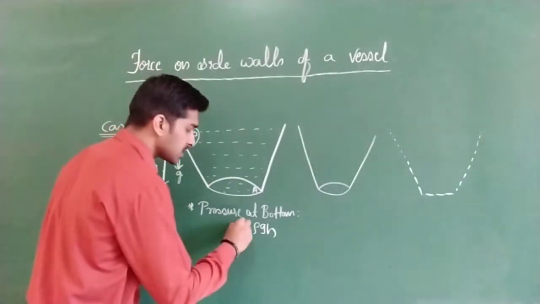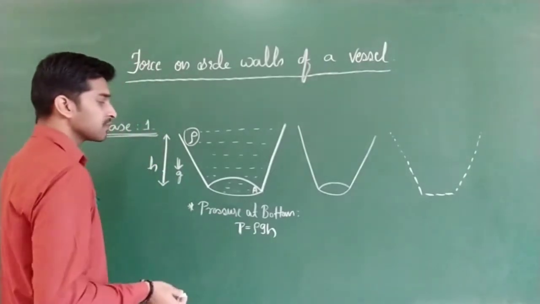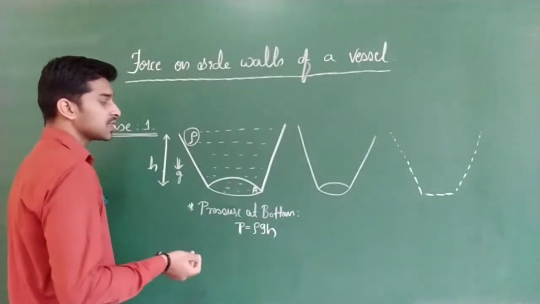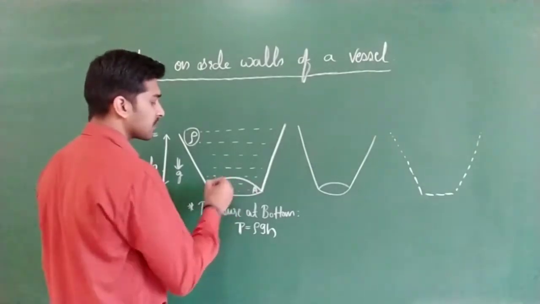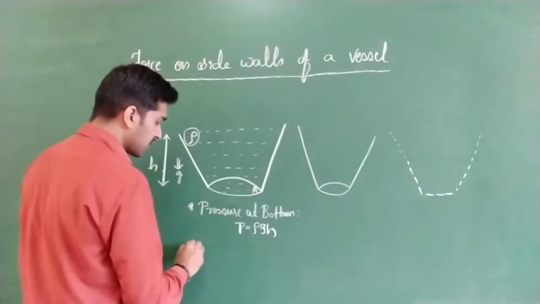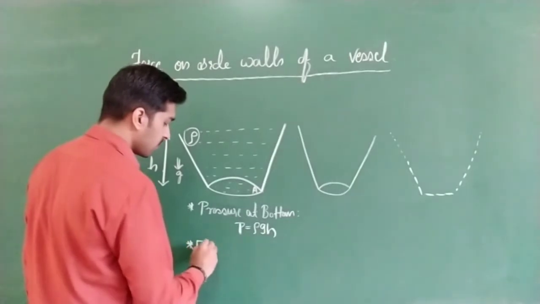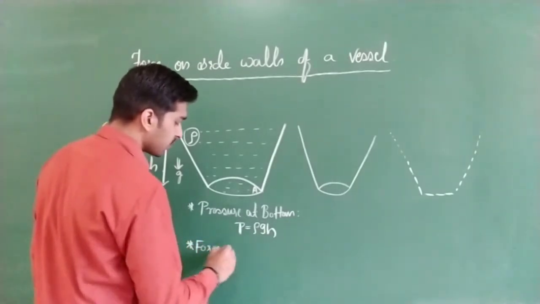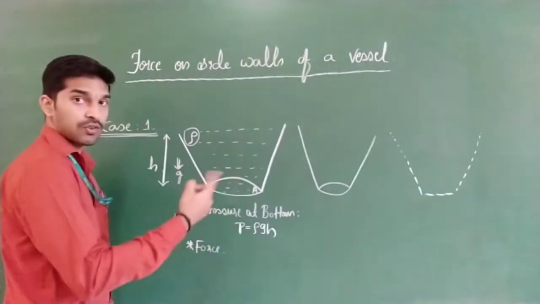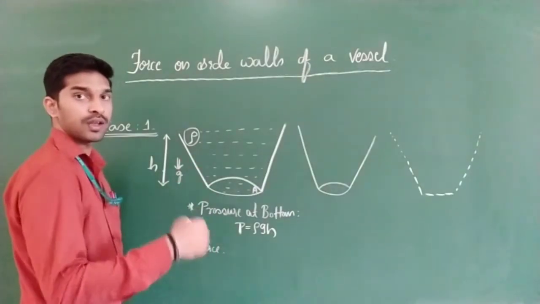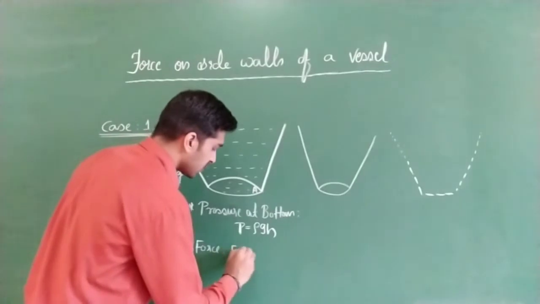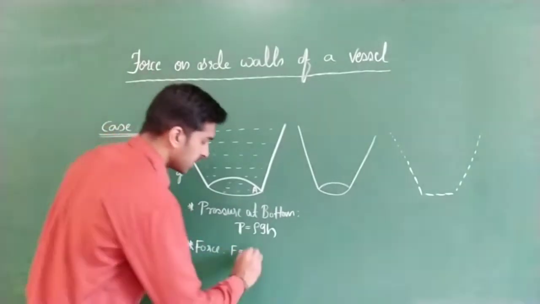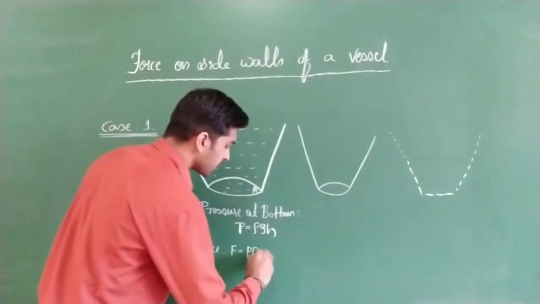Next, we are calculating the force exerted by this fluid on this vessel. So first of all, calculate the force. P is equal to F by A. Pressure is force by area, so force is equal to pressure into area. So force F is equal to P into A. Correct?